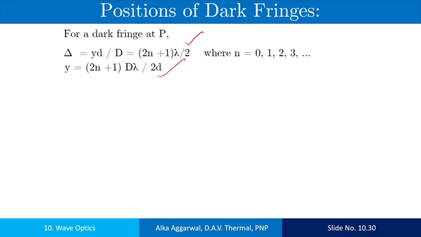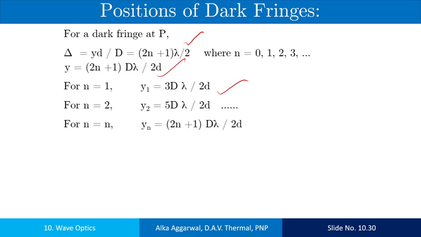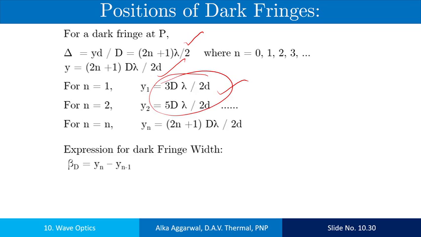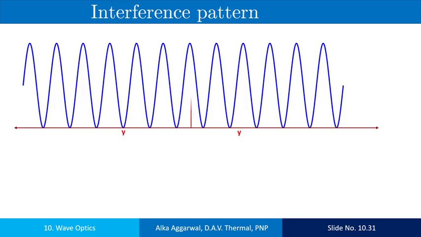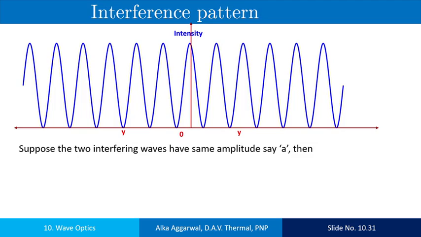Solving it for y, putting n equal to 1, 2, 3 and so on, then subtracting any two consecutive fringes gives the fringe width. It is observed that the fringe width is the same for the bright and the dark fringe.